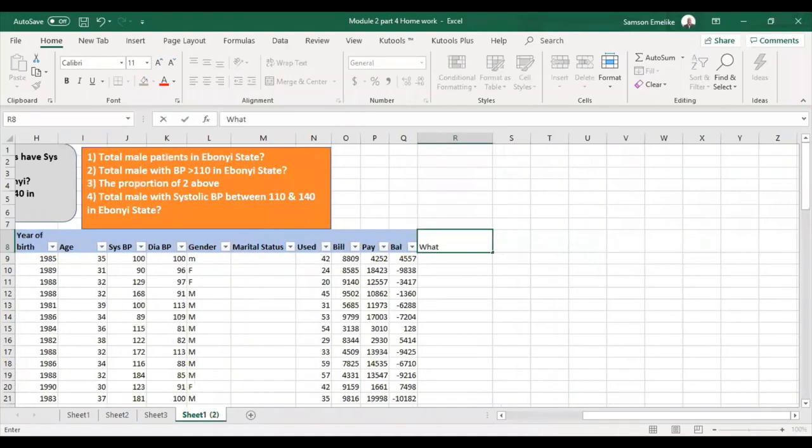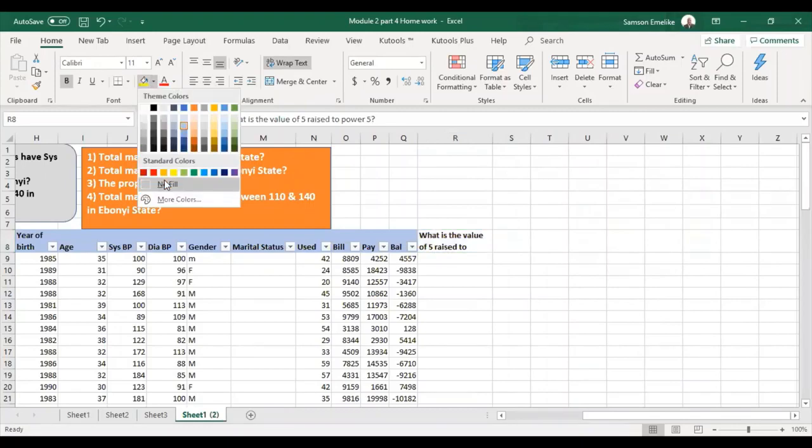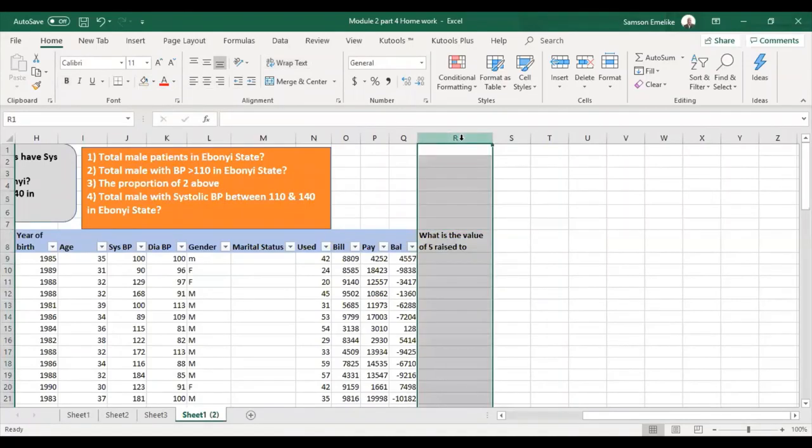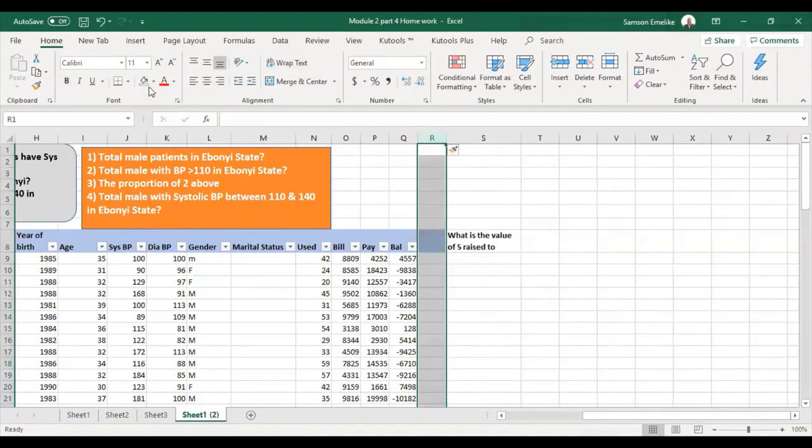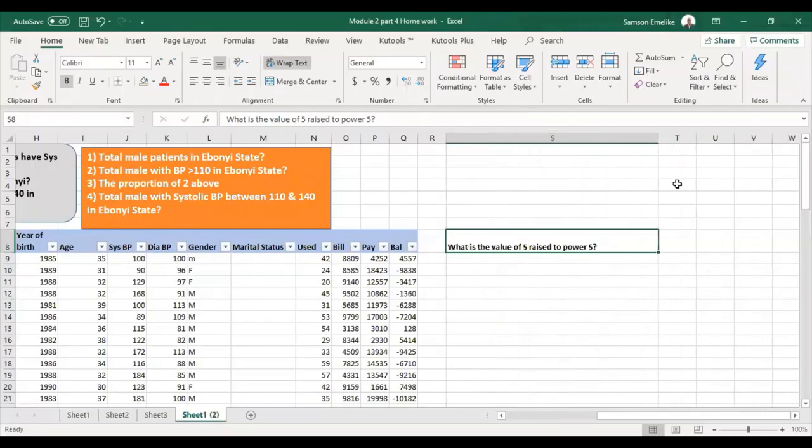What is the value of 5 raised to power 5? When you are dealing with a table, it's always good to have this in mind if what you are doing does not have to do with that table. Let me just get this.